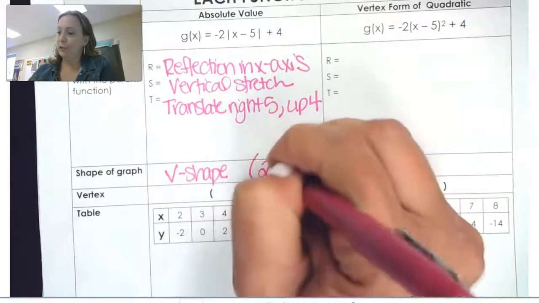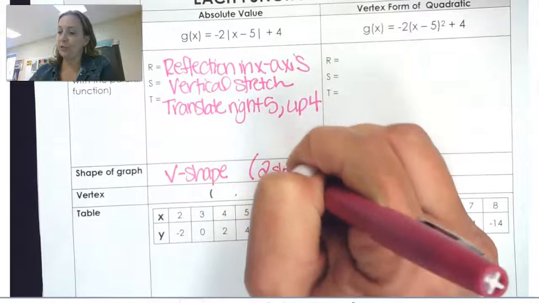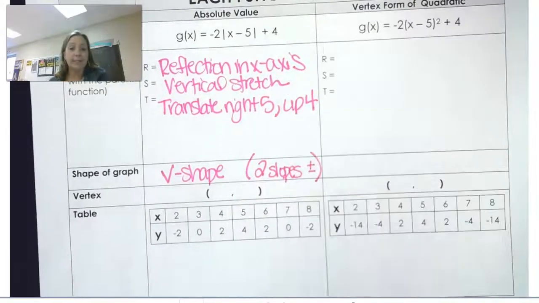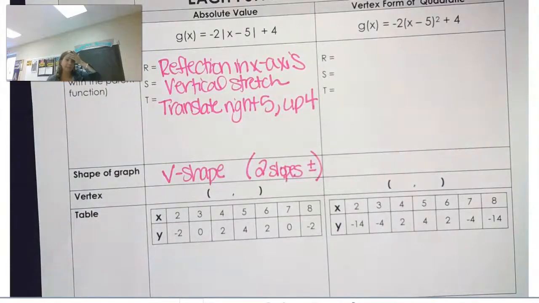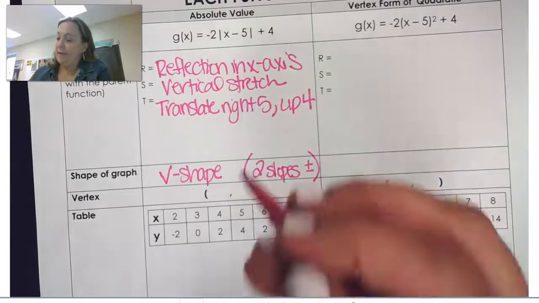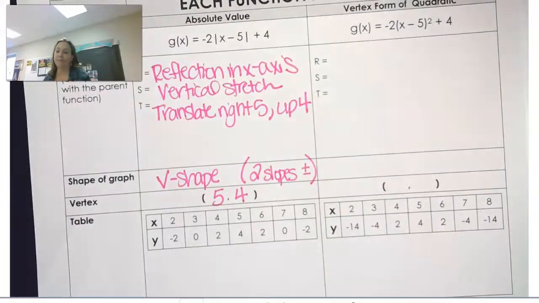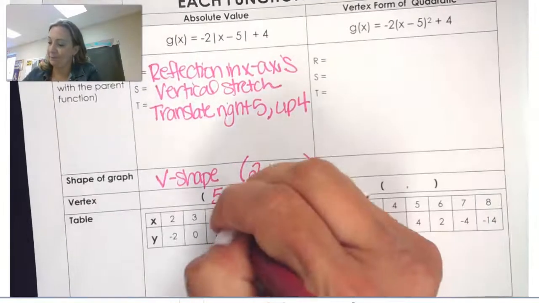You're going to have 2 actual slopes. One is going to be a positive slope, one is going to be a negative slope. Our vertex would be 5, 4. And we see that in the table.